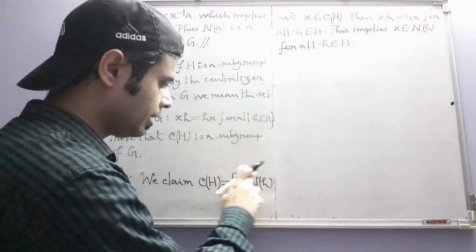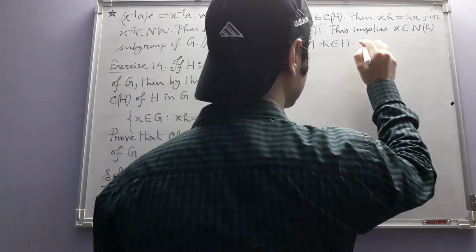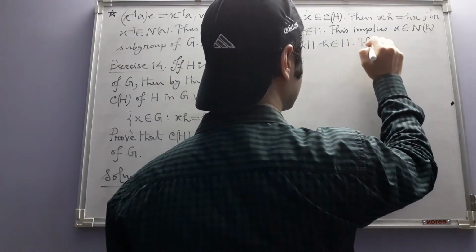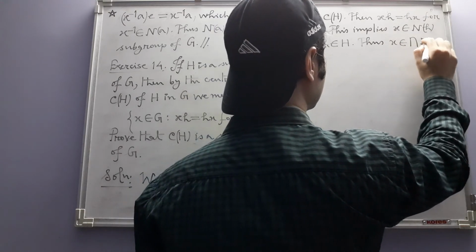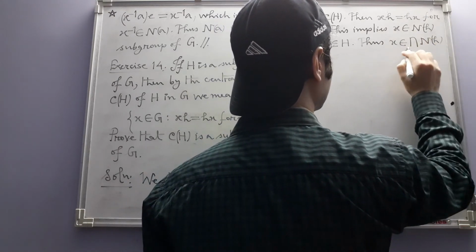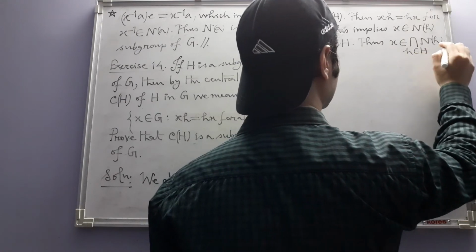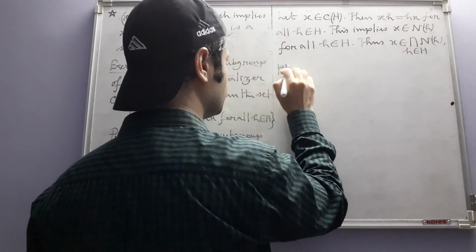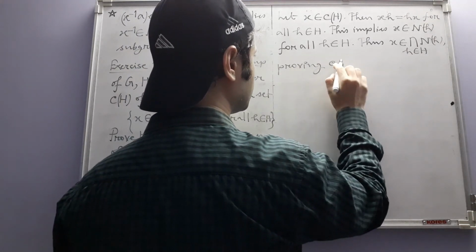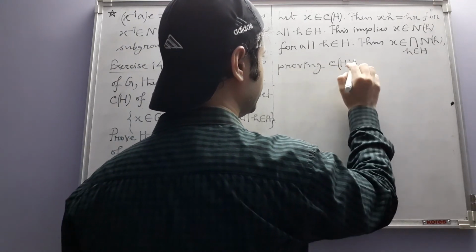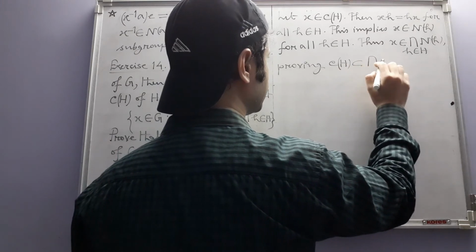It belongs to every such subgroup. Thus, thereby proving that CH is contained in this intersection.